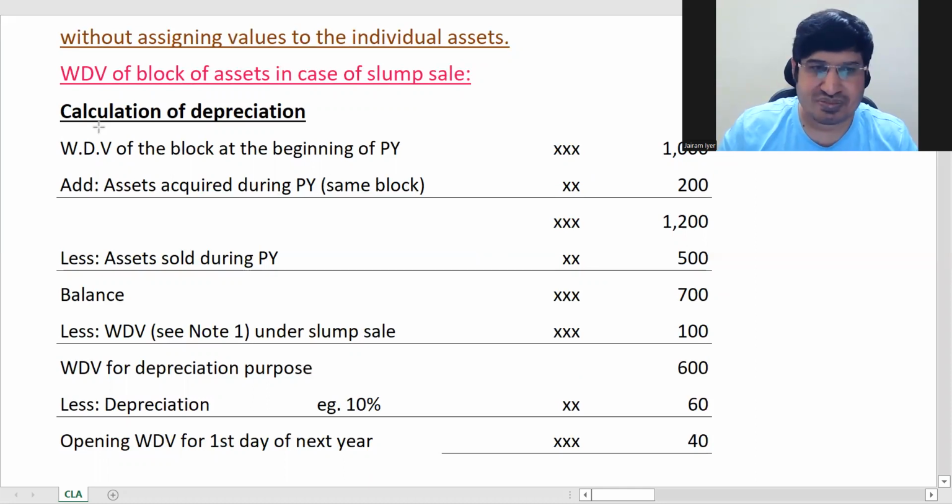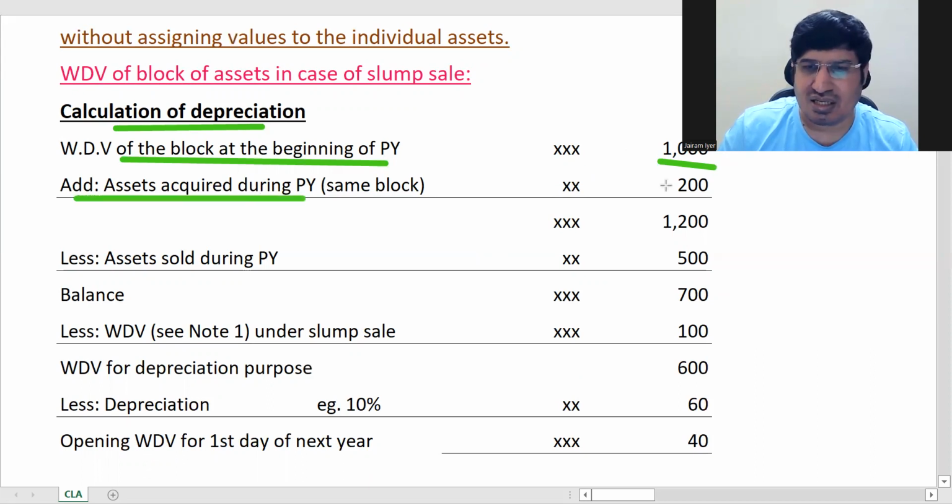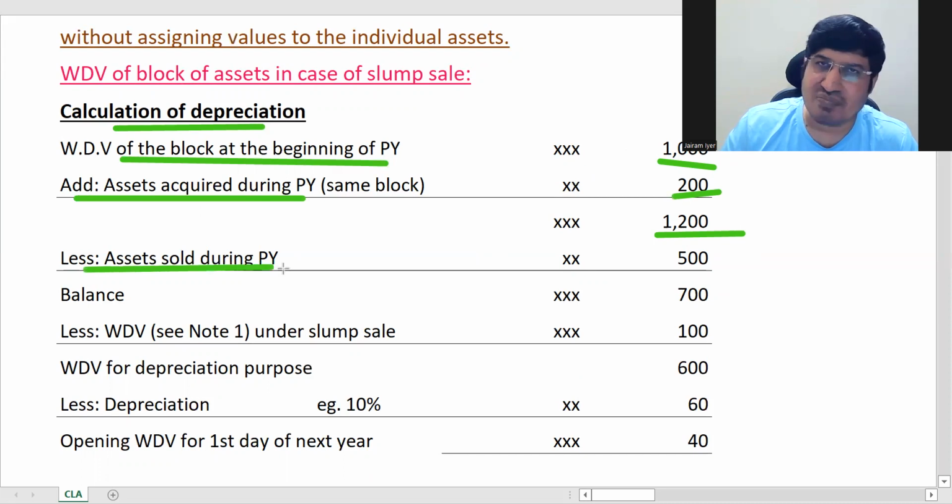Okay. So first thing, calculation of depreciation. WDV of block at the beginning of the previous year, as usual. Add assets acquired, as usual. Okay, total is 1200. Okay, and less assets sold, same format, कुछ भी change नहीं है अभी तक, correct?